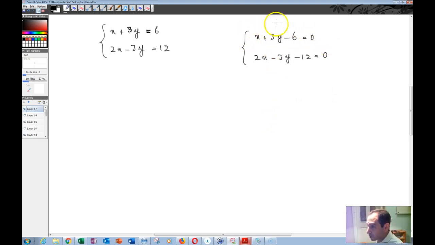So if you want to draw this line, the first one, for example, this line over here, x plus 3y is equal to 6. Normally what you would do in order to draw a line is that you basically have to try a few values.